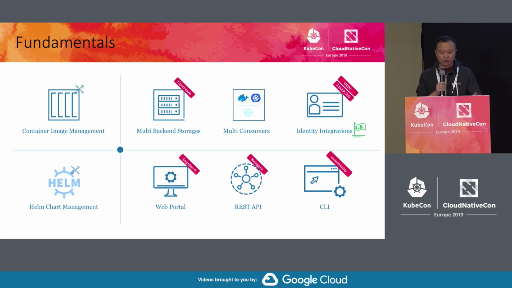And recently in 1.8, we introduced OIDC integration as an answer to the long ask for SSO support, and you'll hear more details later. This approach ensures Harbor natively supports the V2 API, and it works perfectly with the Docker client, kubectl, and whatever OCI client to pull and push images. At the same time, it supports multiple storage backends as Docker distribution does.